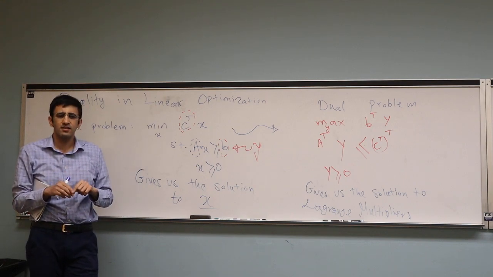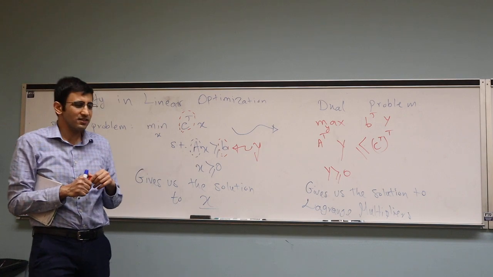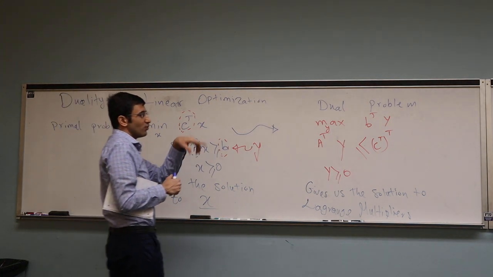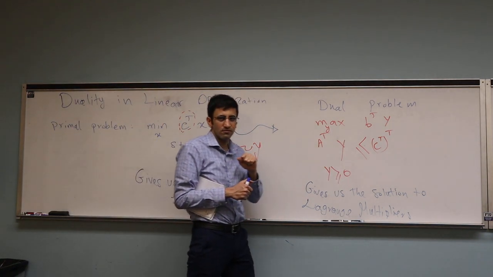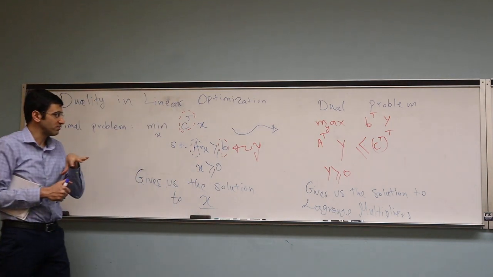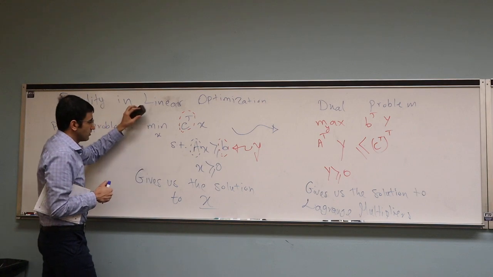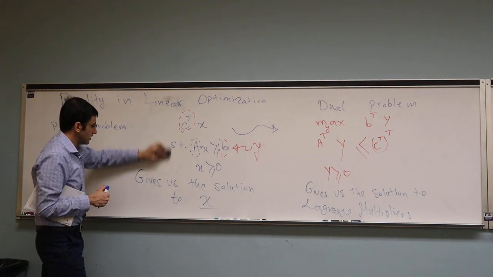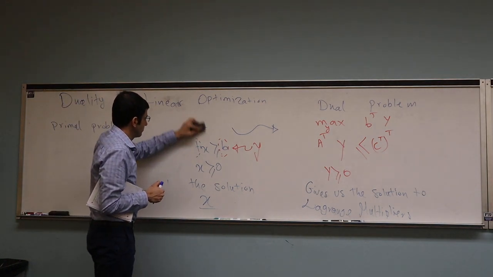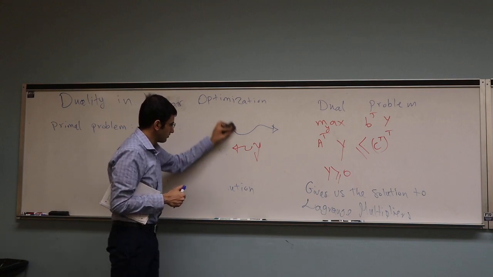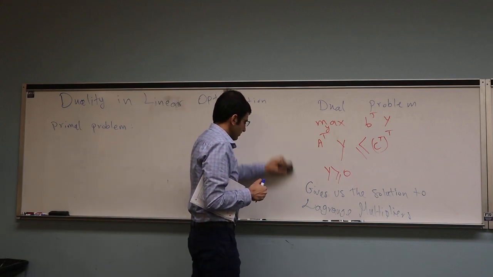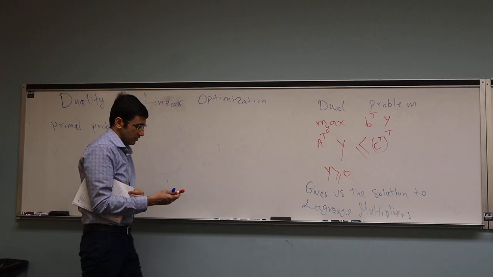In order to see how that happens, let's try to find the dual problem of the dual problem. I will repeat that. We have the primal problem, which is basically a linear optimization problem. Now we have the dual problem.